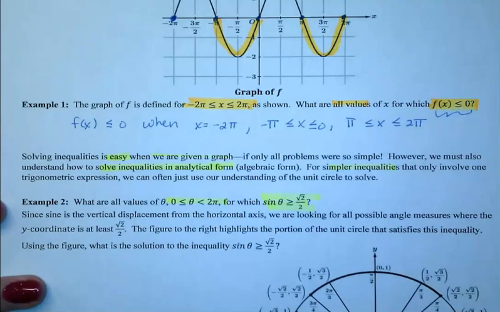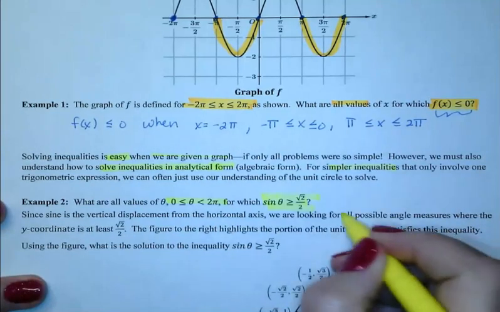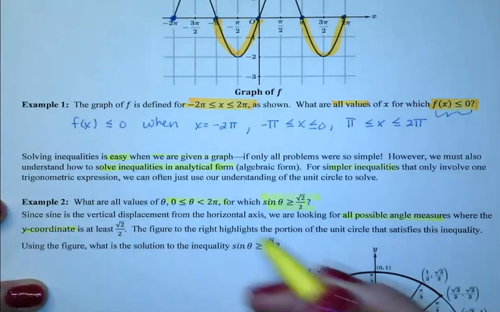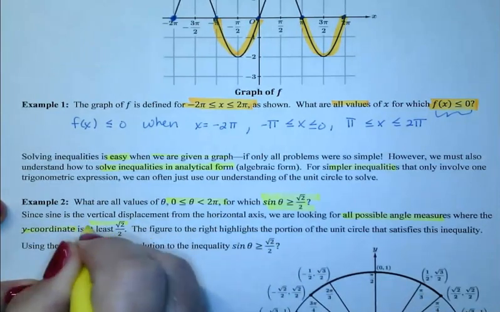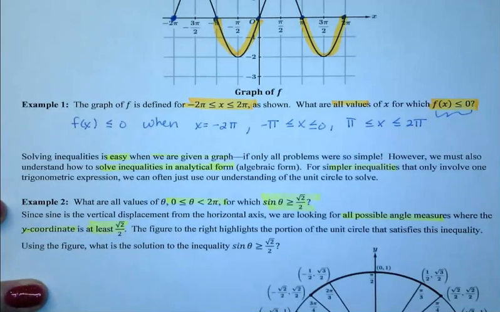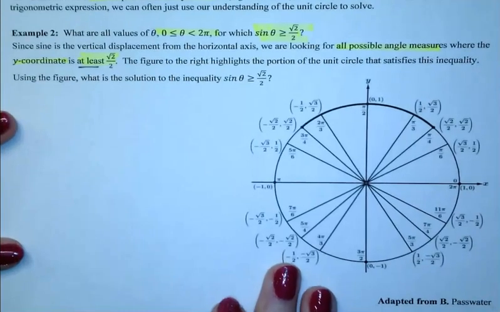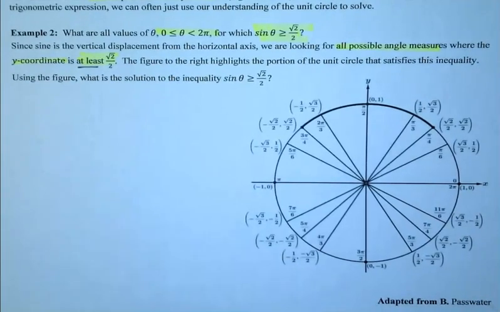So we're looking for all possible angles, their measure, where the y coordinate is at least root 2 over 2. That's an important word there, at least root 2 over 2. So in the figure, we're going to look at this unit circle here, and we're going to figure out where that's going to be true.